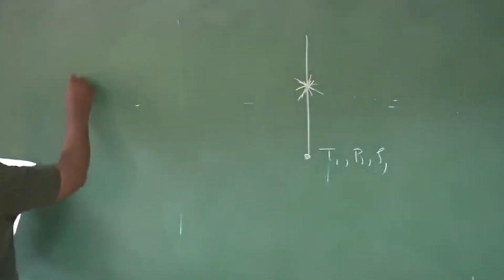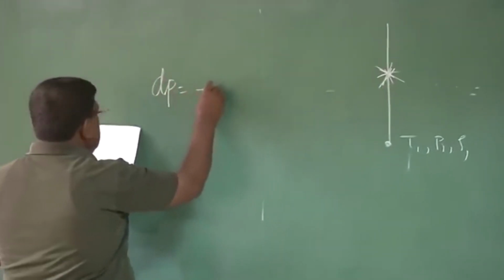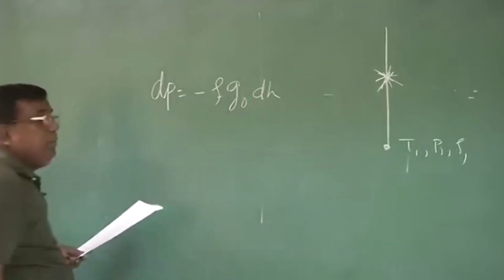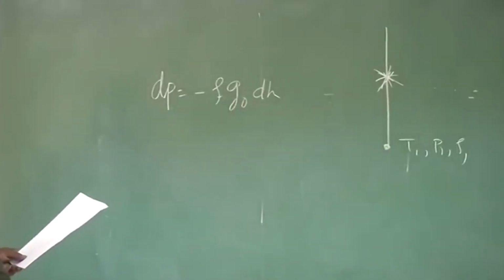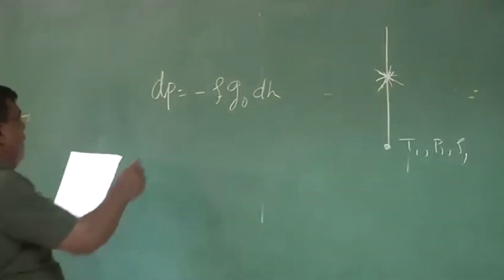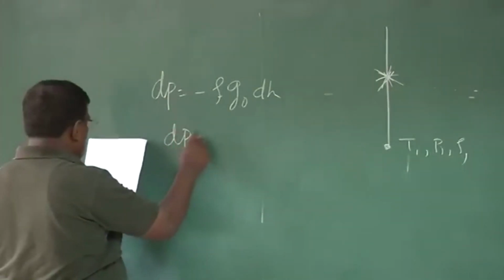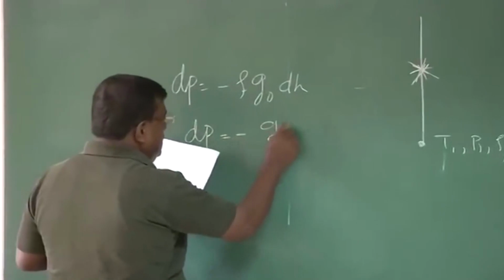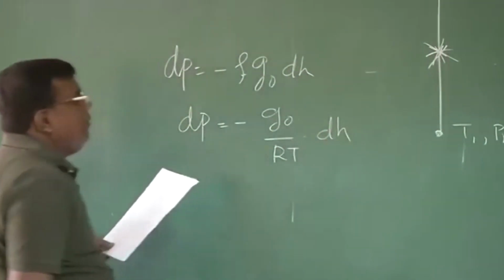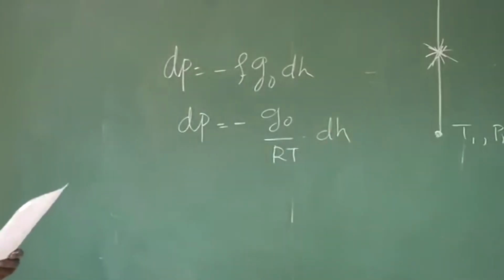So I again use dP is equal to minus rho g0 dh. This we have derived from the static balance, assuming fluid element in static condition, and we have also derived this relation dP equal to minus g0 by RT into dh, because we have assumed that air is behaving like a perfect gas.